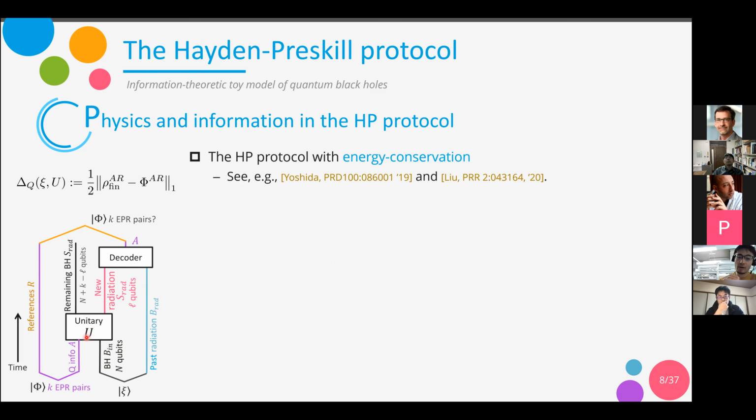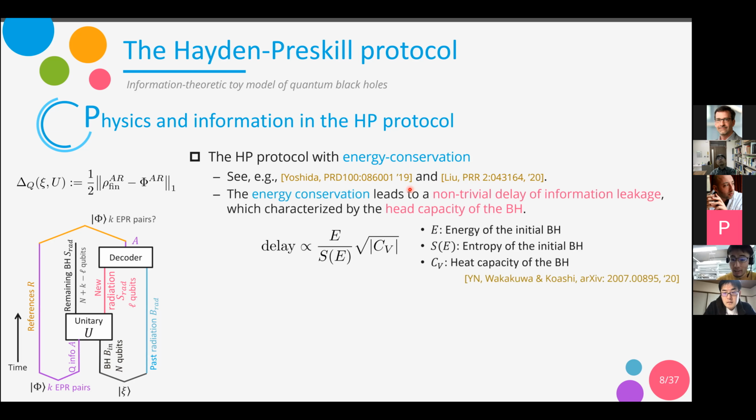So in the original analysis, we just assume that the dynamics of the black hole is completely scrambling, so it mixes everything up. So energy is not conserved in the original proposal. But in physics, maybe it's more natural if we consider dynamics that conserves energy. So they take this energy conservation into account and they investigated the protocol.